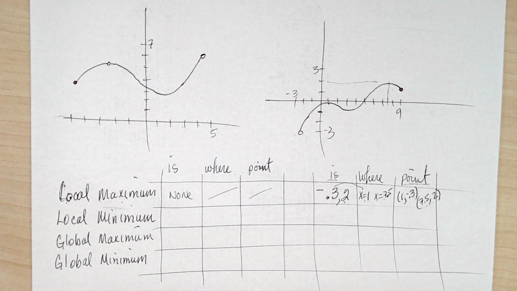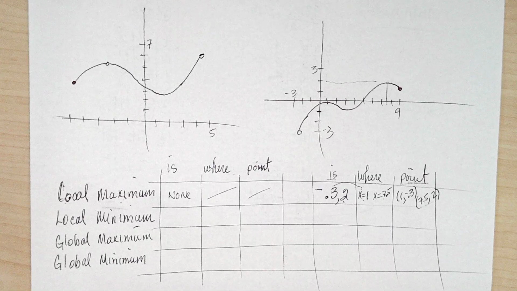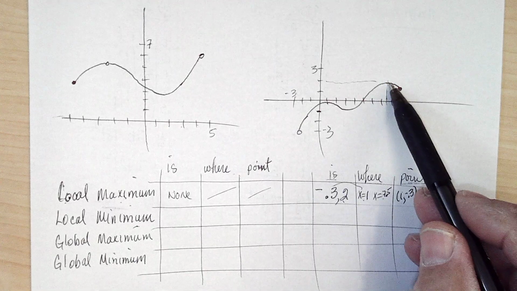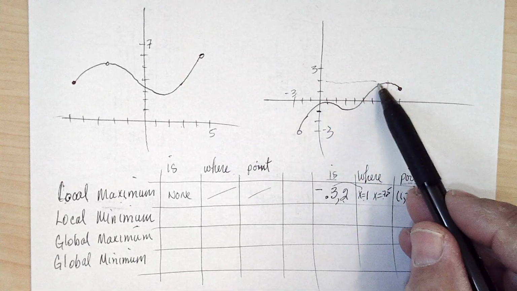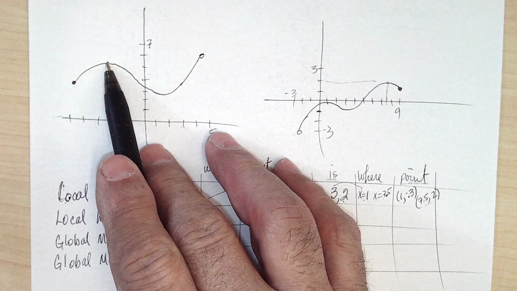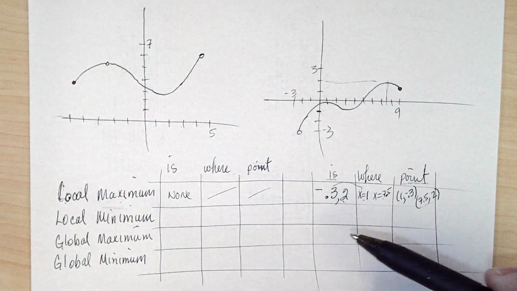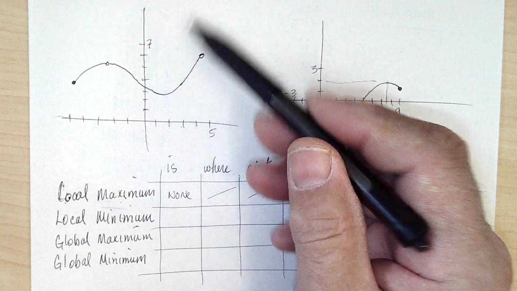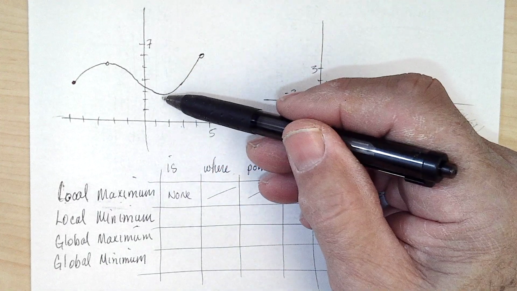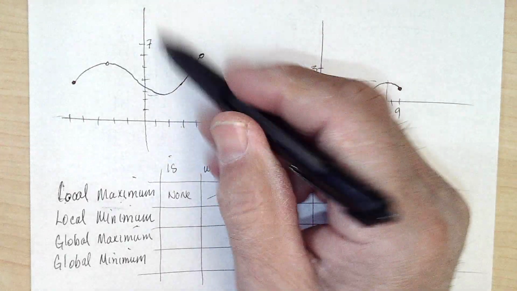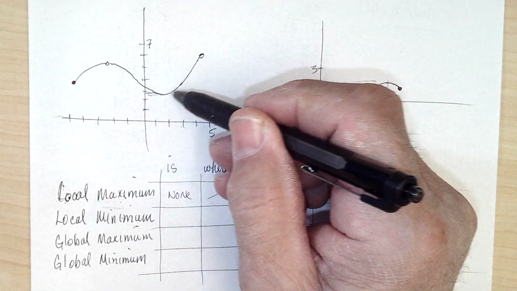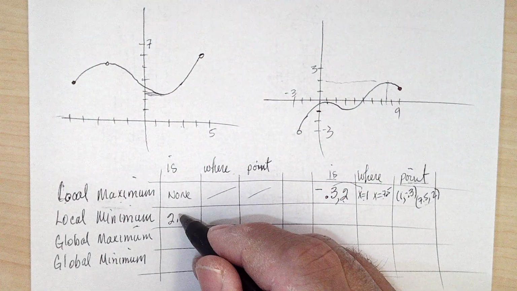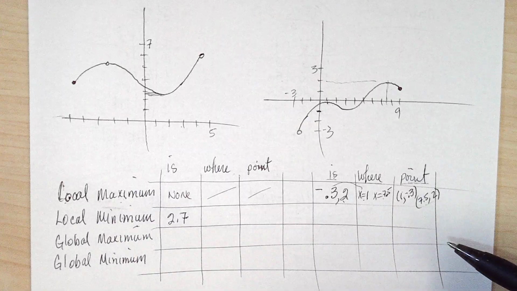Now let's look at local minimums. As opposed to king of the mountain, here, top of the rolling hill. Looked like there would be one here, but there's a hole in it, so not. A local minimum is a valley, a place where if it was raining, the water would accumulate. And it looks like the local minimum is about 2.7. That's the local minimum.